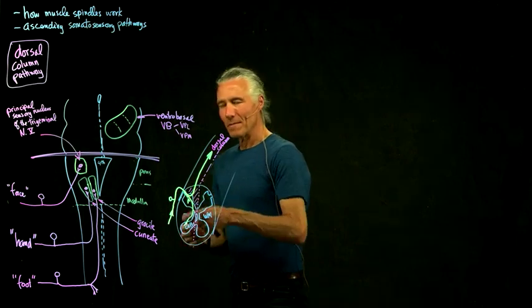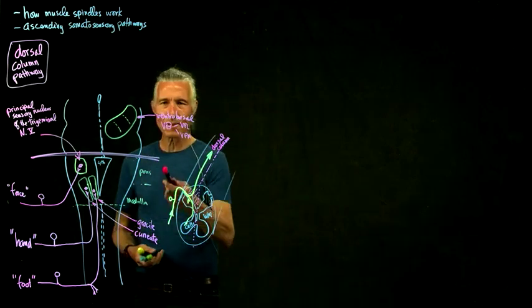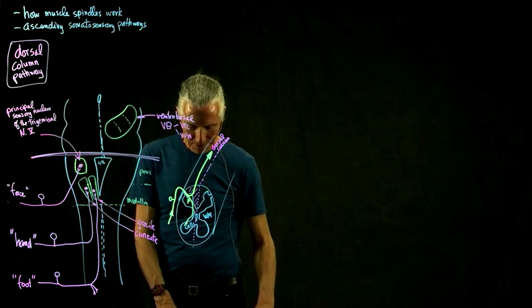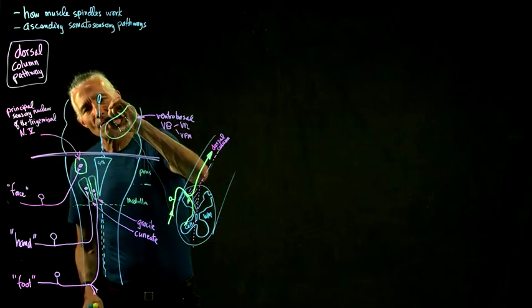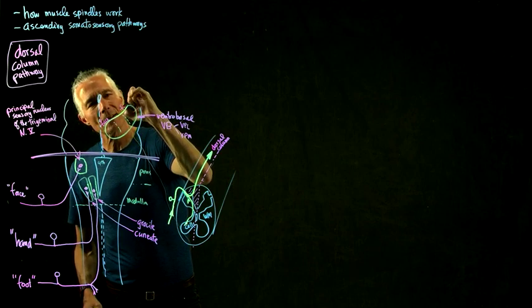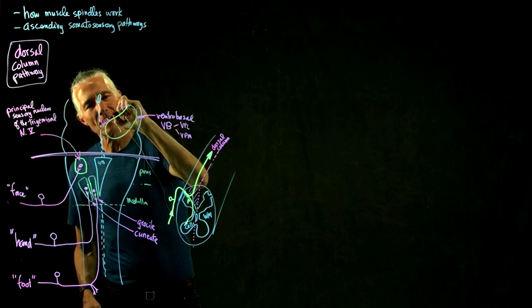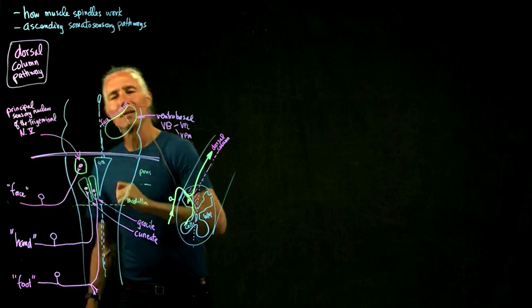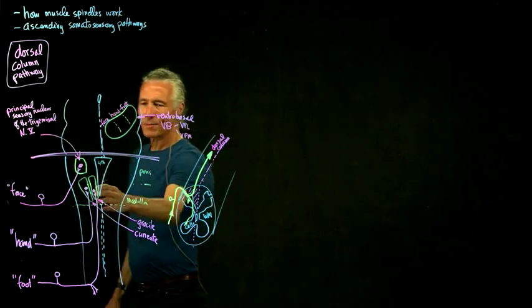So if you go to the thalamus, we see that the face is over here. The face is on the midline, and the foot is lateral, and the hand is in between. And that's the opposite of what's going on here.